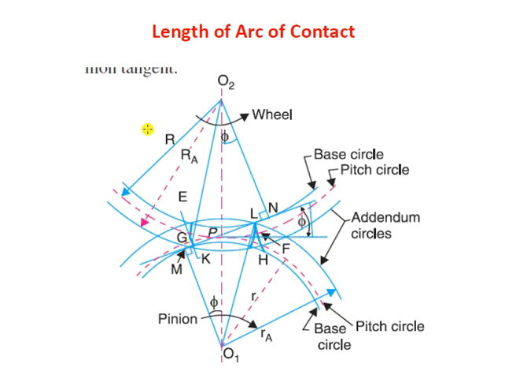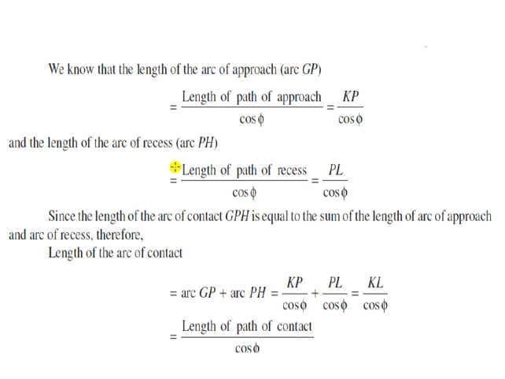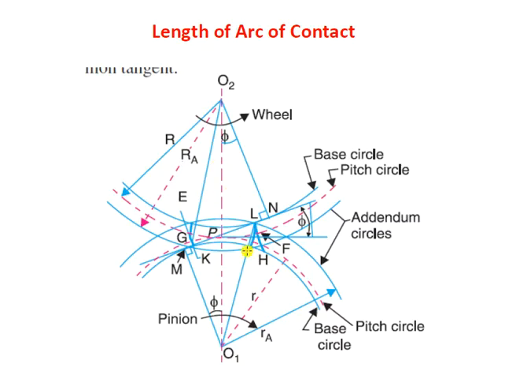Now the length of arc of contact here will be GH. This is the G point on the pitch circle and this is P. So GP will be the arc of approach and PH will be the arc of recess.